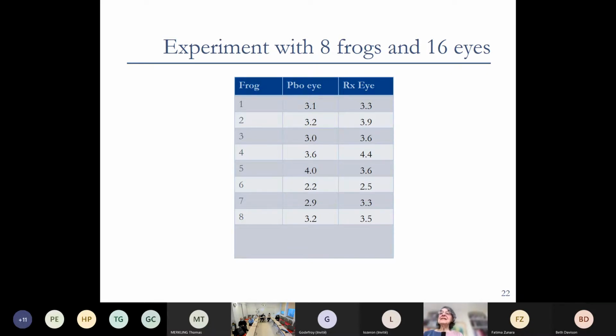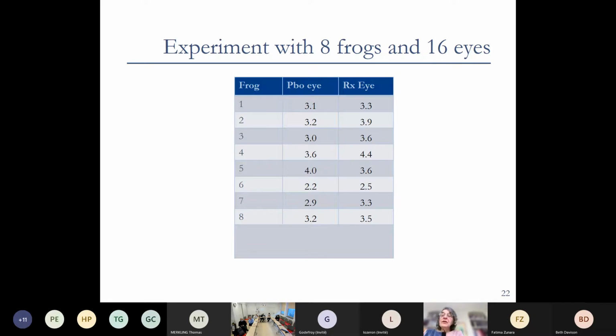And so this is a placebo. Here are the results for the placebo eye. And this is the result for the treatment eye. These are fake numbers and they don't relate to any specific metric on the eye itself.